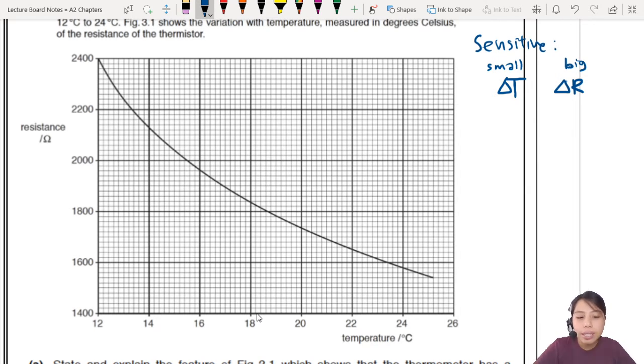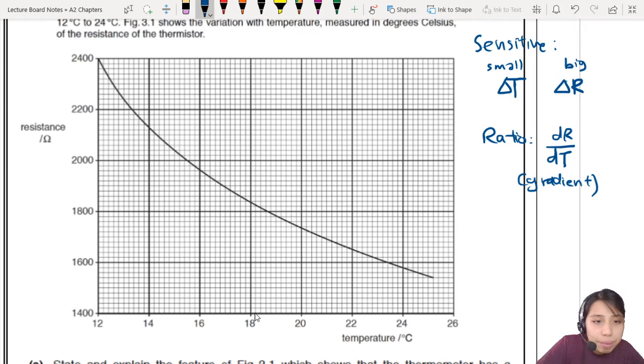So if we're looking at this graph, we're trying to understand how change in T over change in R relate. We can think of ratios, my friends. If we use this ratio, delta R over delta T, or a better way of saying it, dR/dT, a small change in R over a small change in T, which is also the gradient of this graph. That is an indicator of sensitivity.